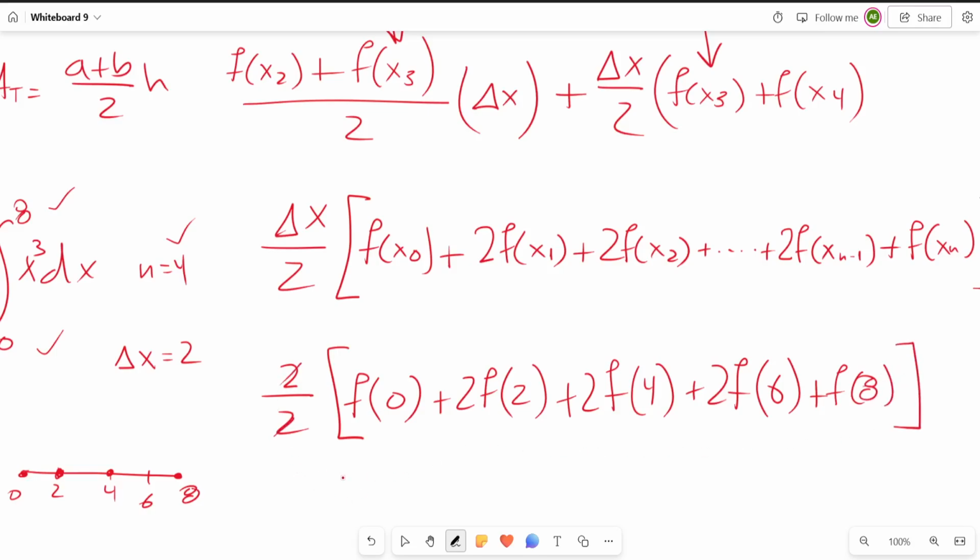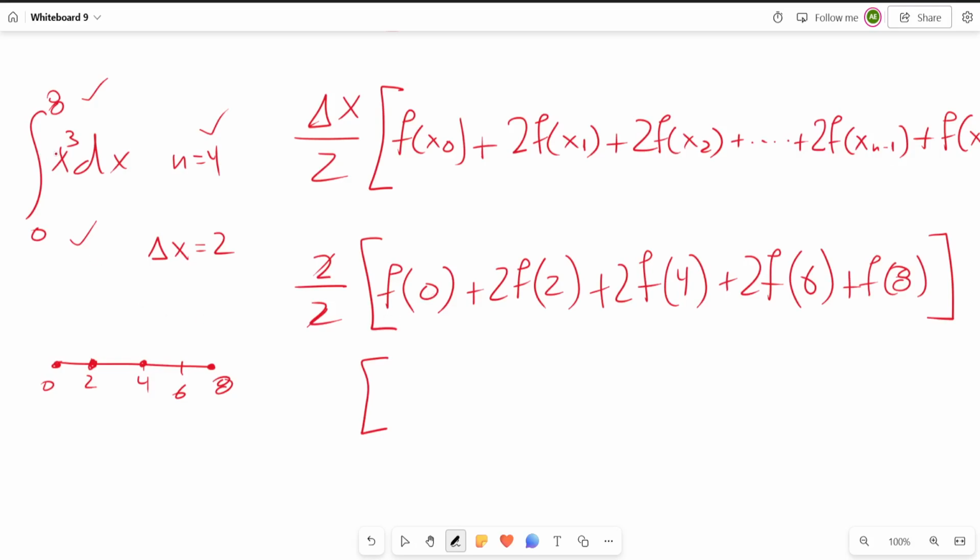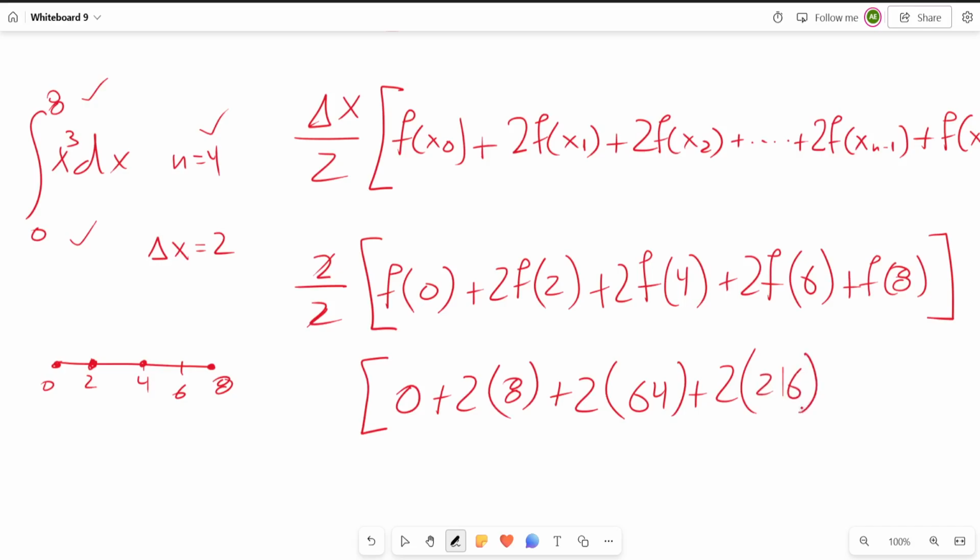So 2 over 2 is basically 1, so this is equal to f of 0, evaluating at x power 3, so this is 0 power 3, which is 0, plus 2 times f of 2, so 2 power 3 is 8, so it's 2 times 8, plus 2 times f of 4, 4 power 3 is 64, plus 2 times f of 6, so 6 power 3 is 216, and then plus f of 8, 8 power 3 is 512.